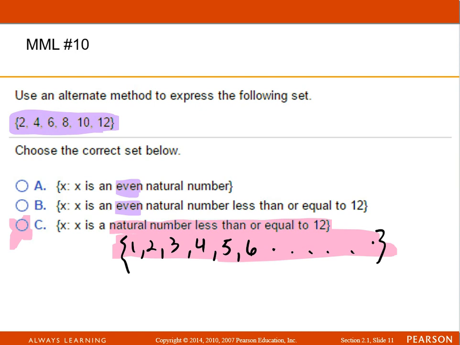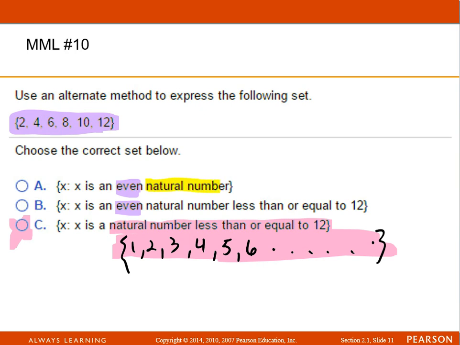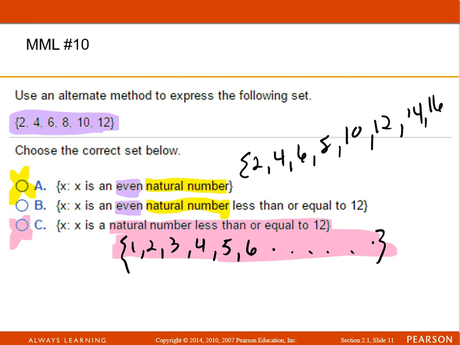And then what else am I looking for? Well, these are all natural numbers. Okay, they're all even. They're also natural numbers, but it can't be the first one, because for this one it would go 2, 4, 6, 8, 10, 12, 14, 16, 18.